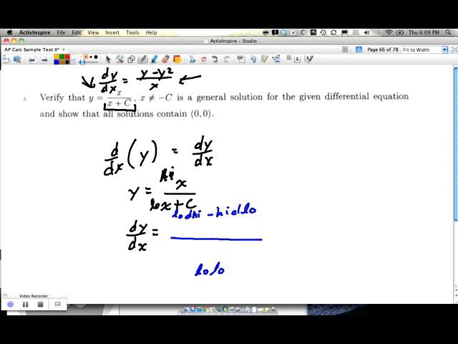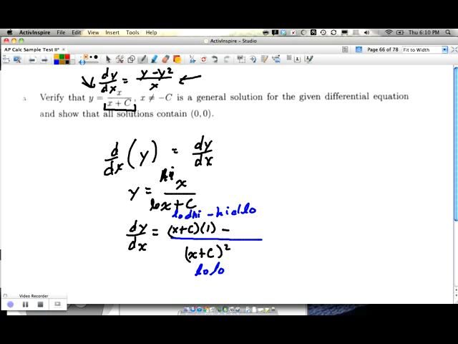That's what we get. Well, first, the bottom is x plus c, so that's going to become x plus c quantity squared. And then on top, we're going to have low d high, so that's x plus c, the low, times the derivative of the high, which is just 1. And then minus high d low.